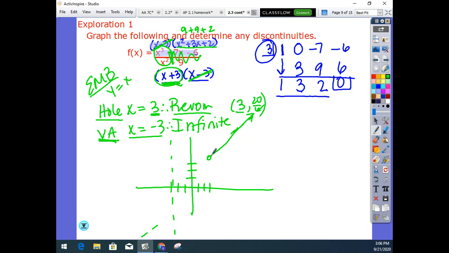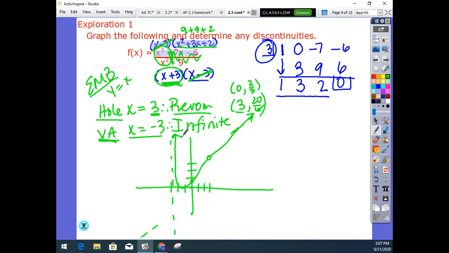Let's plug 0 in for x to figure out another coordinate point. If I plug 0 in for all of the x's, I get negative 6 over negative 9. That's 2/3. So there's a point right here. So it kind of just bounces like that.